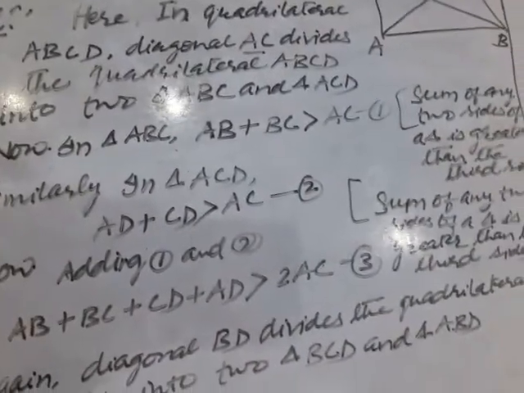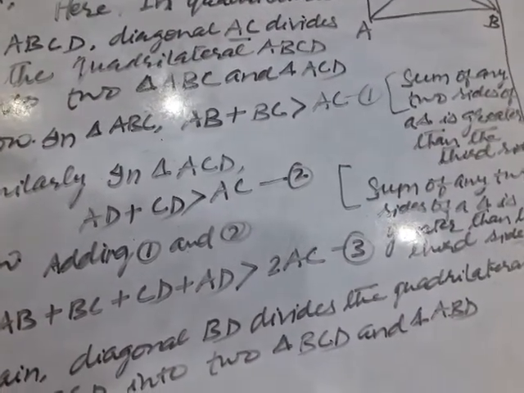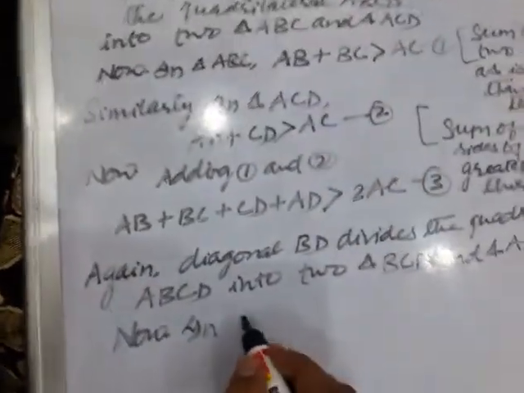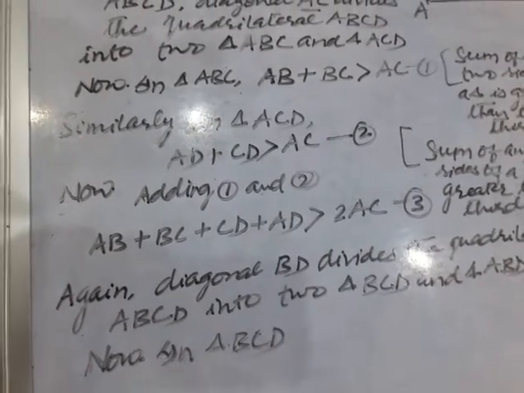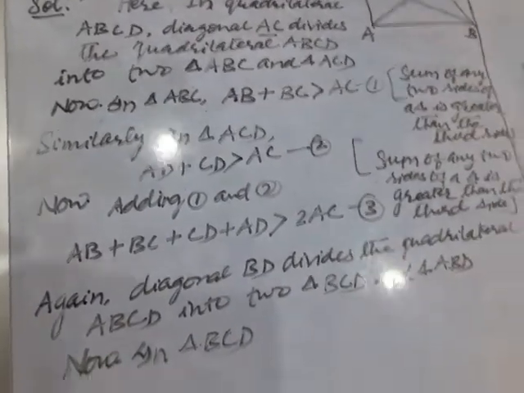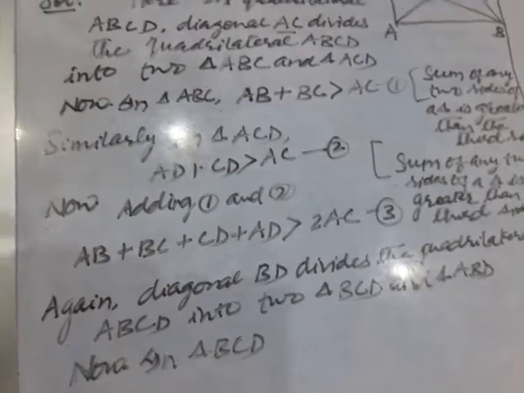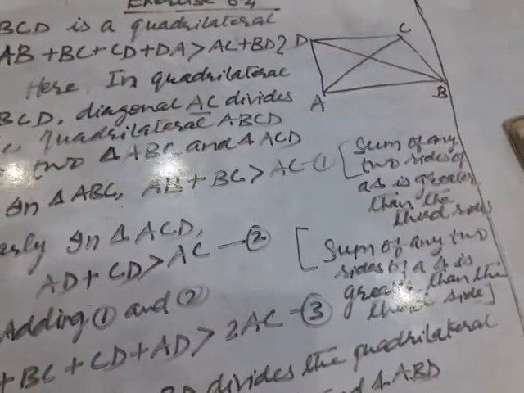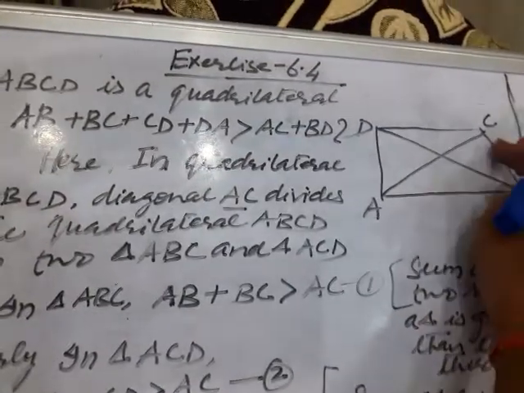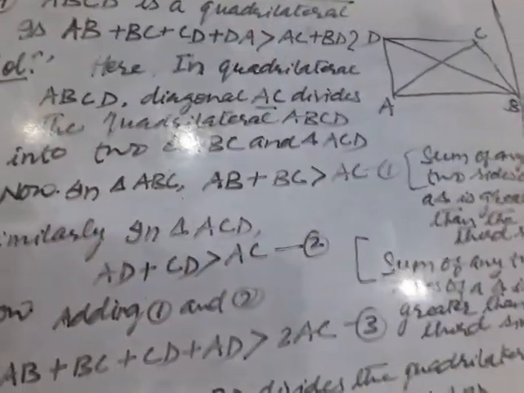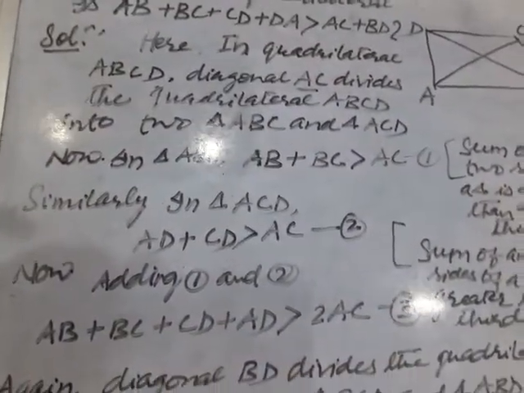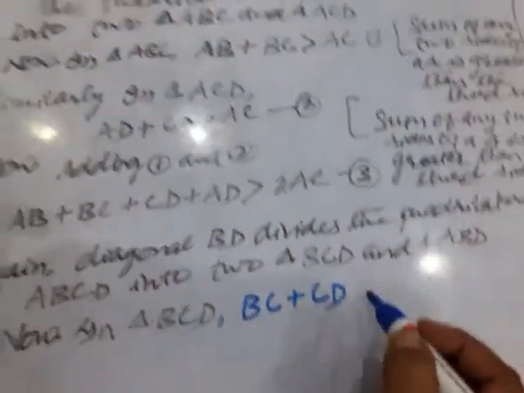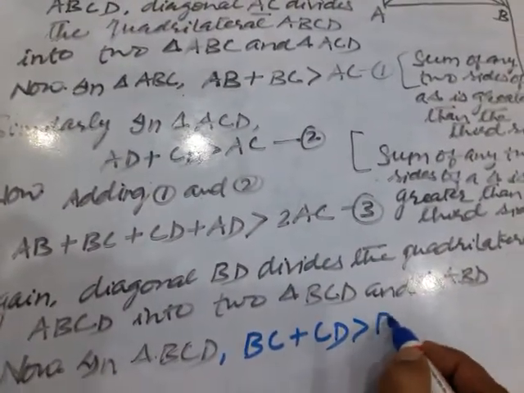Okay children, now in triangle BCD, what do we have in triangle BCD? Let us locate triangle BCD on the figure. Here triangle BCD is there. So here BC plus CD is greater than BD.